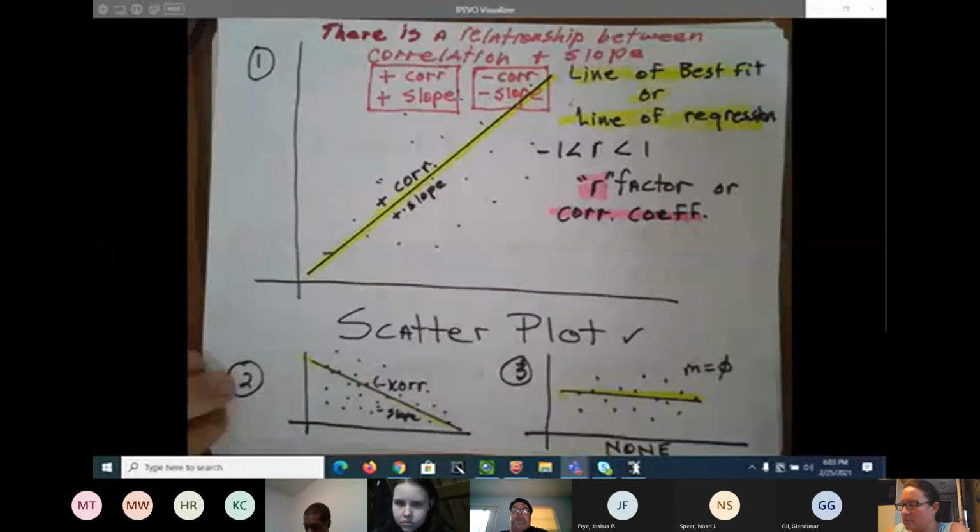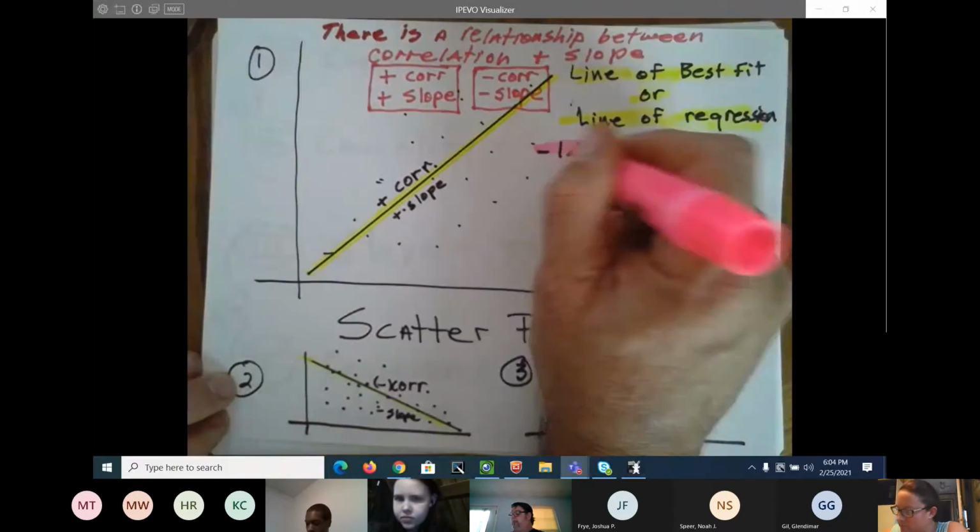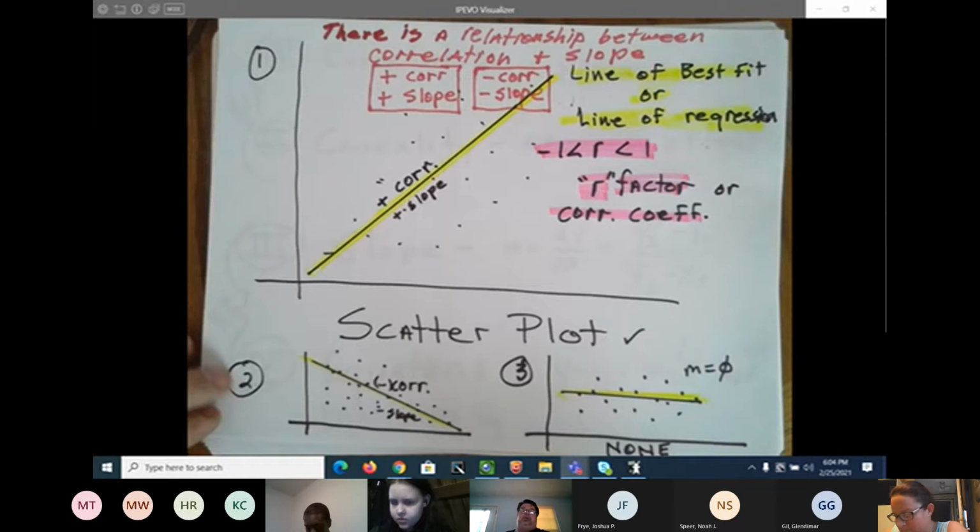Lowercase r is called the correlation coefficient. It's also called the R factor. And the R factor is between -1 and what? +1. Now that's the difference between the correlation coefficient and the slope.